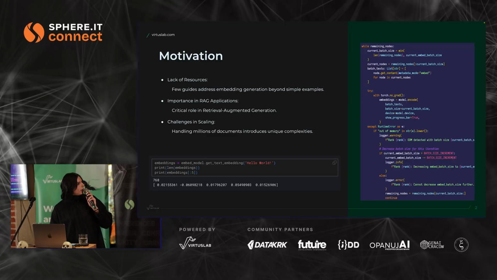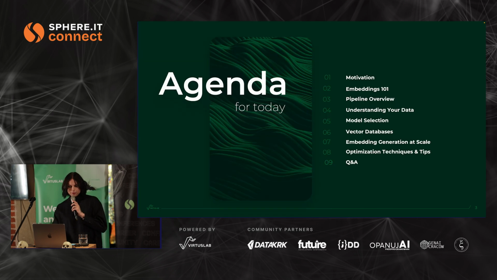On the right is the same code that is also doing embeddings, but as you can see, there is a lot more to it than just get text embeddings, and I'll get to it in a second.